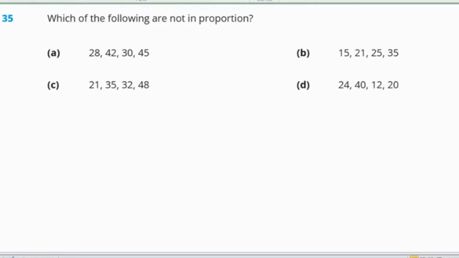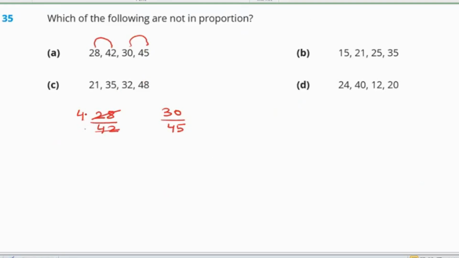Now we are moving towards the next question, which is question number 35. Question number 35 is saying which of the following are not in proportion, which means the ratio of the first 2 numbers should not be equal to the ratio of the second 2 numbers. If we are talking about 28 and 42, and we compare it with 30 and 45, 28 and 42 we can reduce to the simplest form as 7 4s are 28, 7 6s are 42.